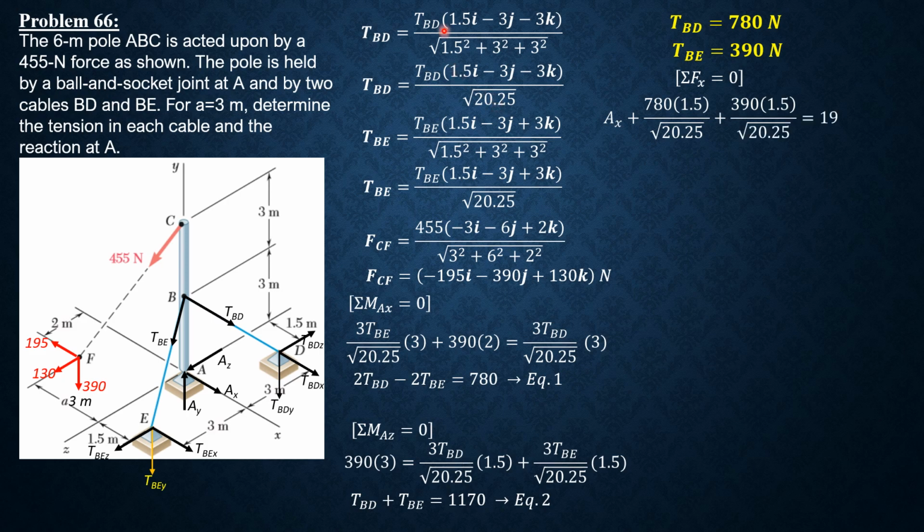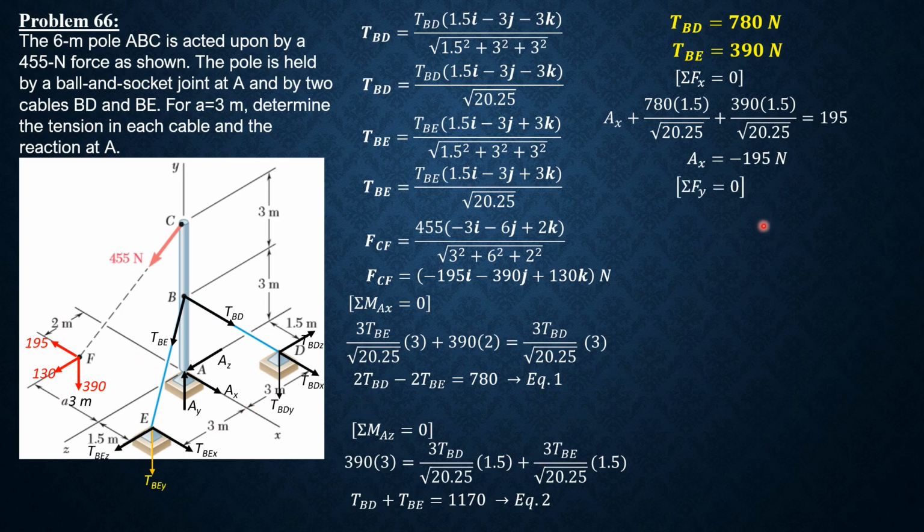That's the X component of tension in BD. Then plus TBE, 390 times 1.5 over square root of 20.25, this is the X component, equals 195. Solving for AX, AX is negative 195 newtons. So it is negative, it is directed in the opposite X direction.